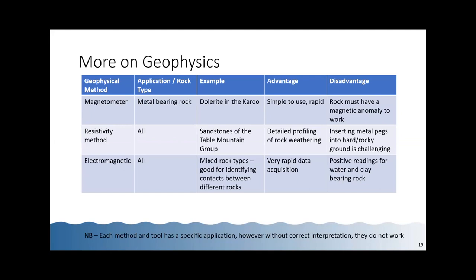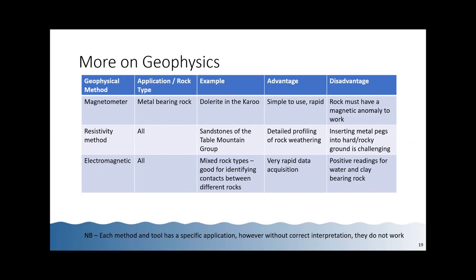Each one is specifically suitable for a certain kind of rock. For example, the magnetometer is used in the Karoo, where we've got dolerite rocks, which give off a magnetic anomaly. The disadvantage is I can't use this in a built-up area because buildings have metal in. Then we've got the resistivity method, which is really good for finding fracture zones in your sandstones or your Table Mountain group.